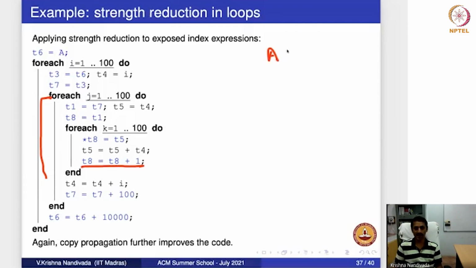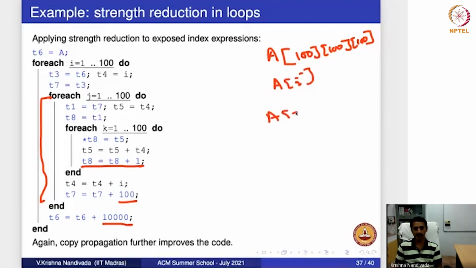Because if my array A is a 100 cross 100 cross 100 array, then when I do A sub I and A sub I plus 1, the difference between the addresses is 100 times 100.